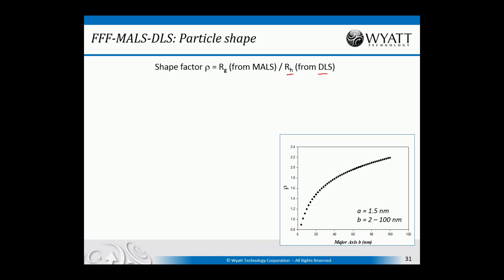What we plotted here is a theoretical plot corresponding to the expected value of ρ, which varies from 0.8 to 2.4 in this plot, for ellipsoids, which have a minor axis of 1.5 nanometers and major axis ranging from 2 to 100 nanometers. Those different aspect ratios will give us different values of ρ.